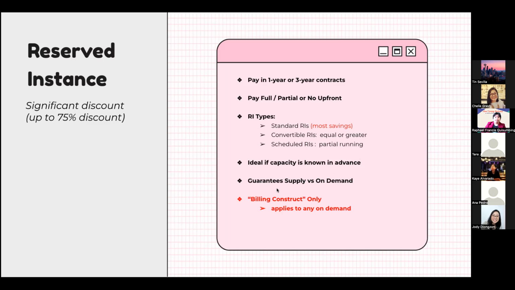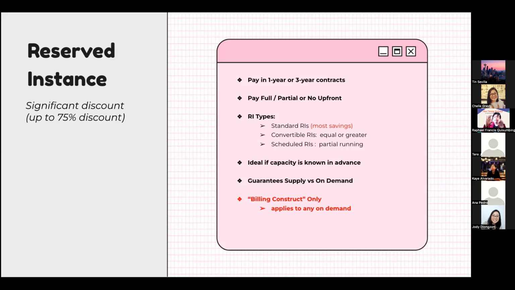But remember, this is a billing construct only. So what does this mean? This is a labeling only. When you launch an instance, you don't pick, hey, this is a reserved instance. It doesn't work like that. What happens here is that it's a tagging. When you say, I'm going to reserve a small instance, let's say you reserve one small instance, and then you currently have three running on demand.